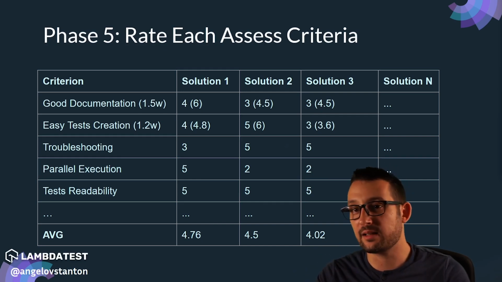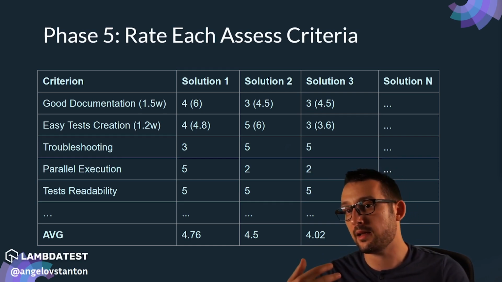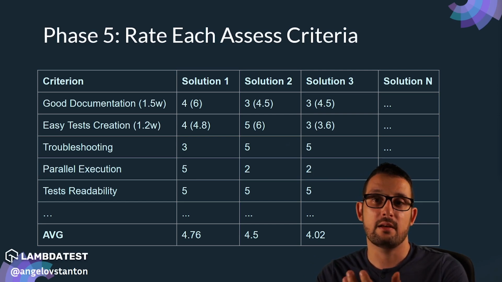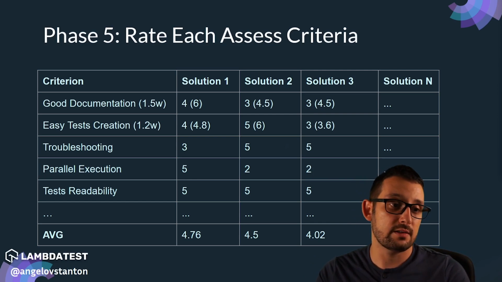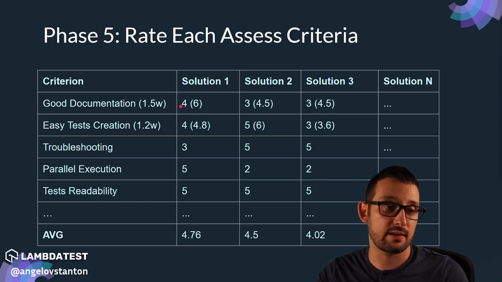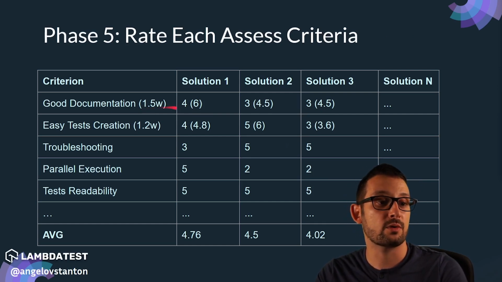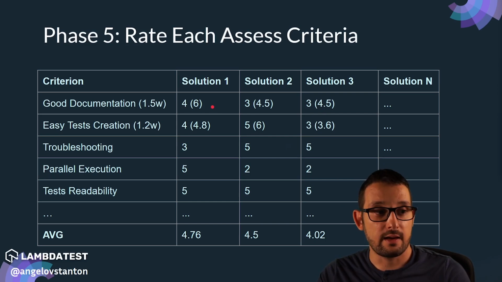So put a rating between 1 and 5. 5 is the highest score, and if there is a weight index, you will need to multiply by it. For example, 1.5 for good documentation. This means that if I put a rating of 4 here, and I have a weight index of 1.5, I will multiply 1.5 by 4, which will make the actual rating 6. That's it.